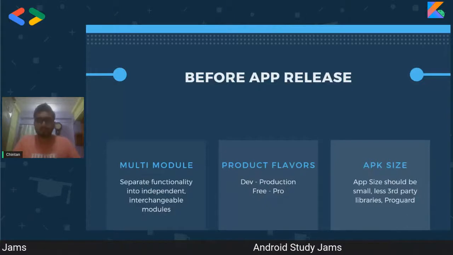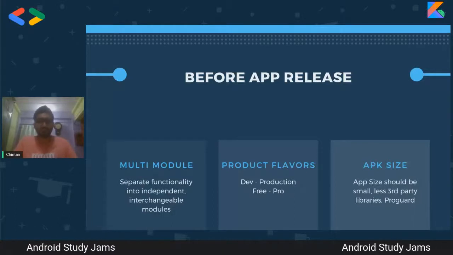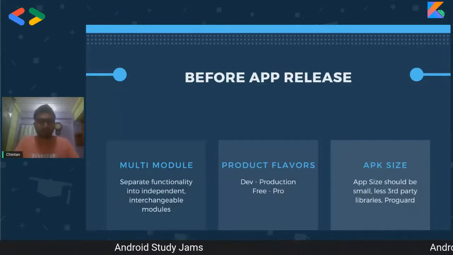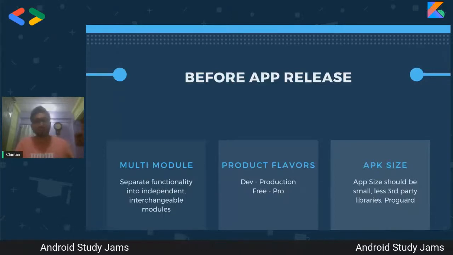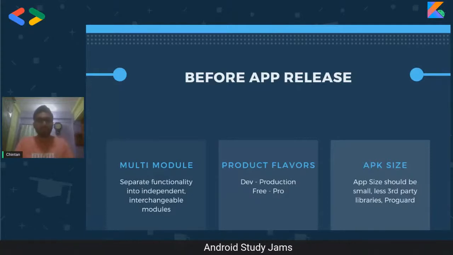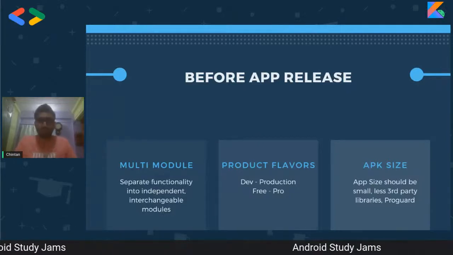Then comes the APK size. Your APK size should be as small as possible. For that, what you can do is remove unwanted classes or third-party libraries which are not that useful, like for showing a simple loading or progress bar, you are using a library which has 80 to 90 or 100 progress bar variants.